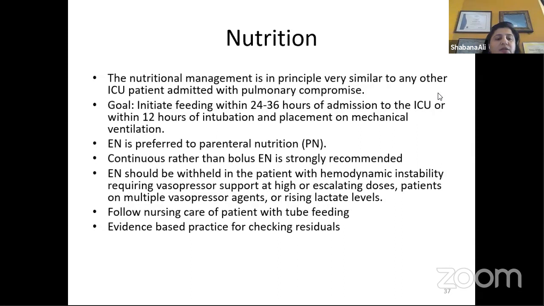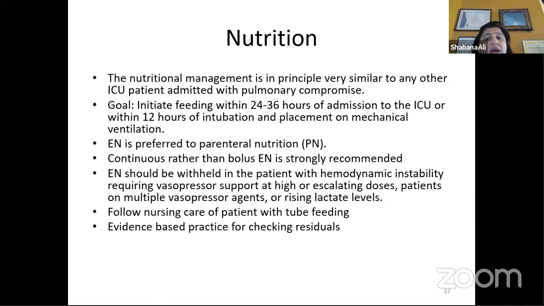According to the recent guidelines for COVID patients especially, and even if the patient is on the ventilator, it's very important that we start patients on tube feedings. Starting nutrition on a COVID patient or any patient who has some pulmonary issues is absolutely the same as we start for any intubated patients.